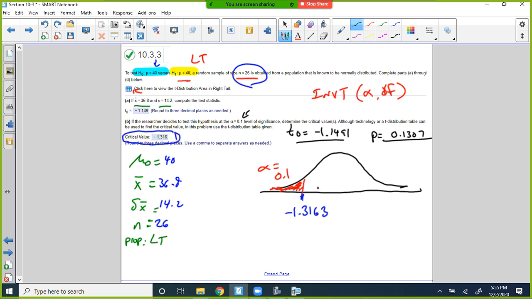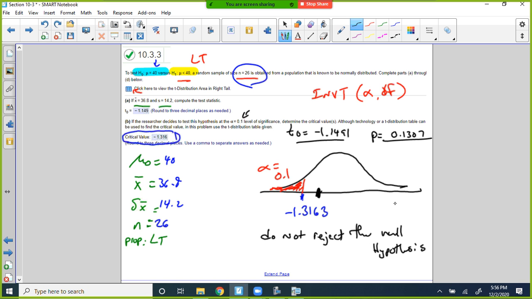It falls outside the red, right? It's somewhere over in here. Does everybody see that? If we're comparing this t sub 0, where does it fall? It's somewhere in here. So it's not in my critical region. So we do not reject the null hypothesis.